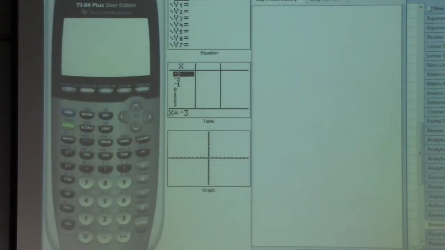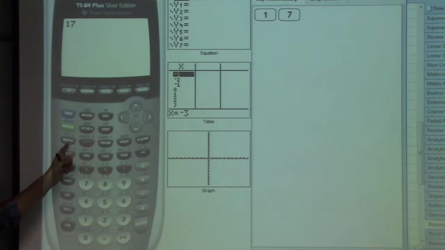The first thing that we're going to need to do, though, is tell the calculator that first number, which is a 17. Now we want to pull up the part of the calculator programming that's going to connect to that combination function. We're going to get there through several keystrokes here.